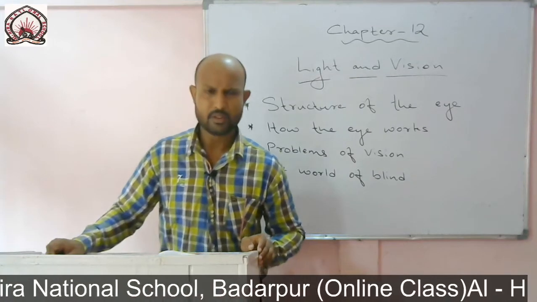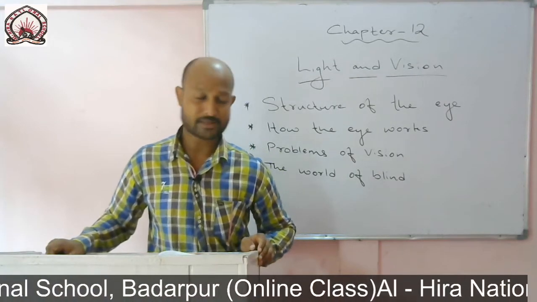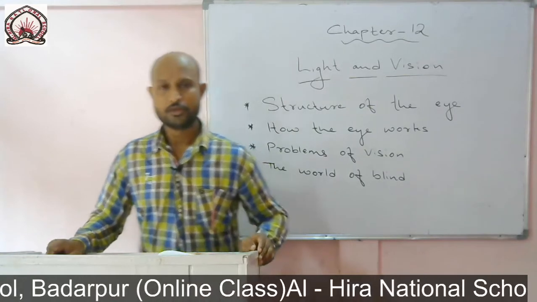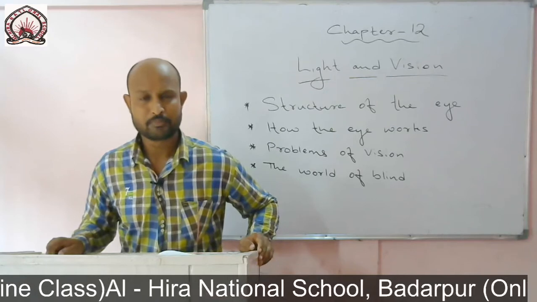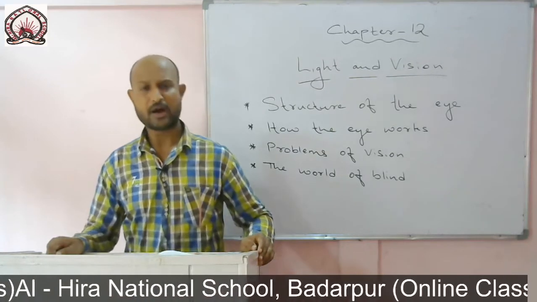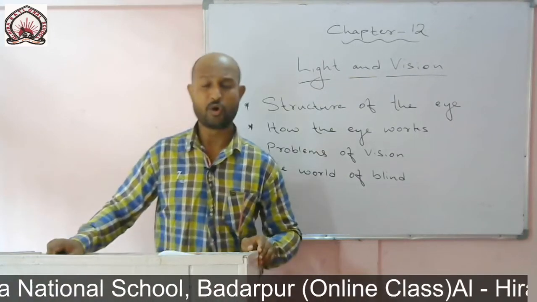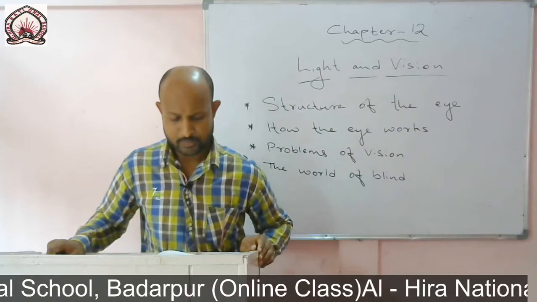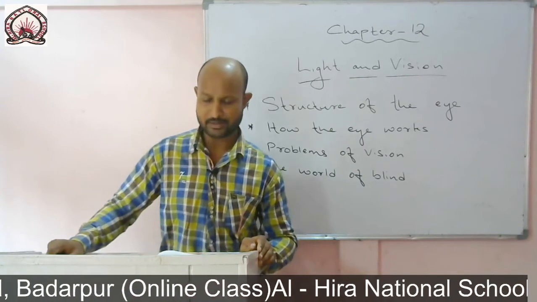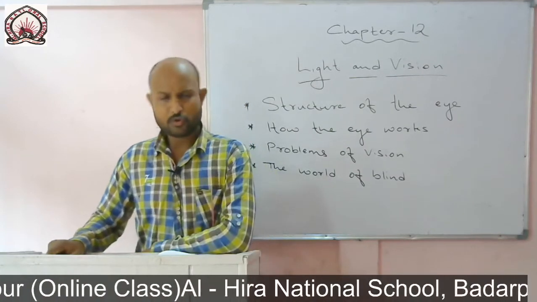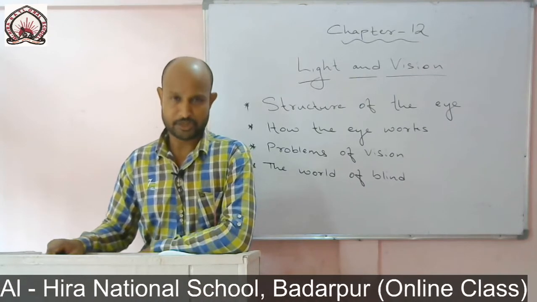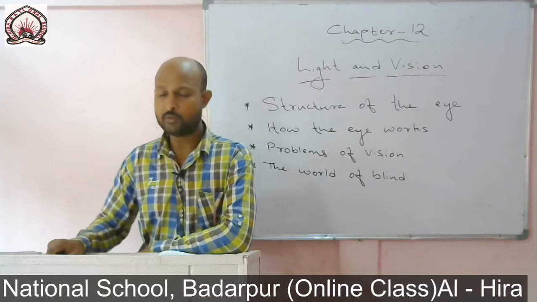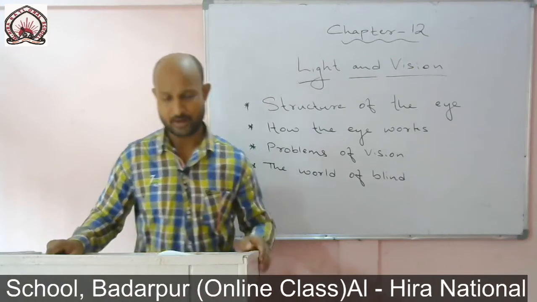Some people are born blind, and some go blind later in life due to diseases like myopia, hypermetropia, cataract, or night blindness. If you close your eyes, my dear students, you will not be able to see anything, but if you open your eyes, you will see the beautiful world around you.